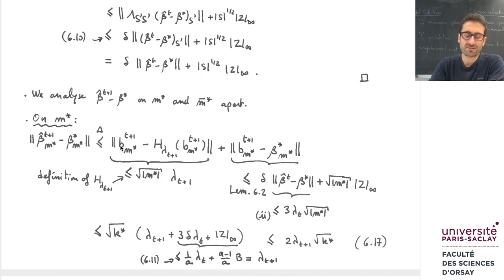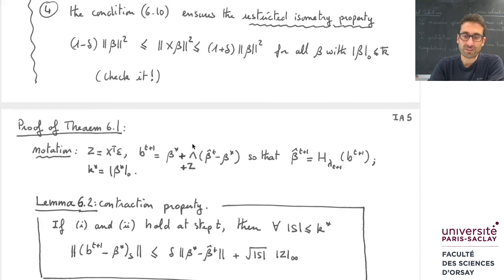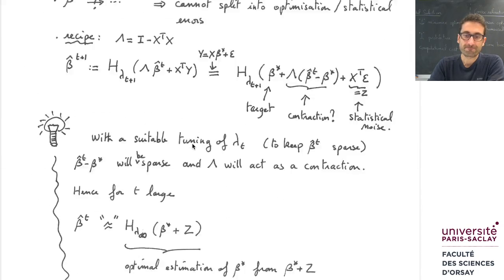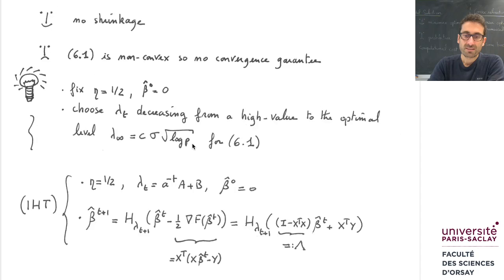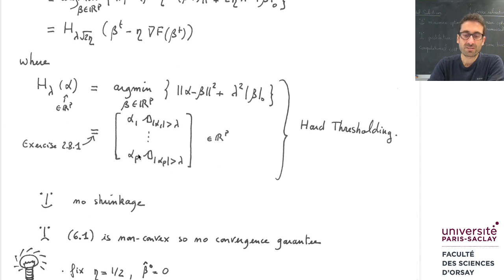Here we have the gradient update restricted to M star minus the hard-thresholding of the gradient update. Let me remind you what hard-thresholding is. In hard-thresholding, you only keep the values which are in absolute value larger than lambda, and if they are larger than lambda, you do not change them. Otherwise, you set them to 0.